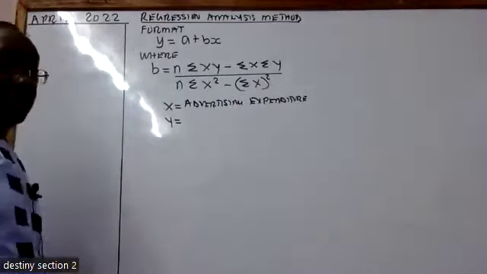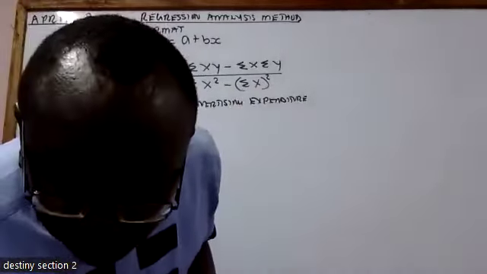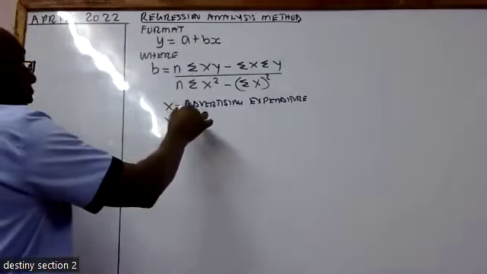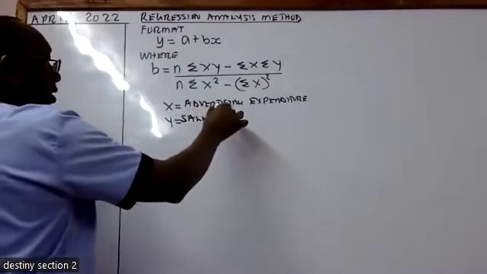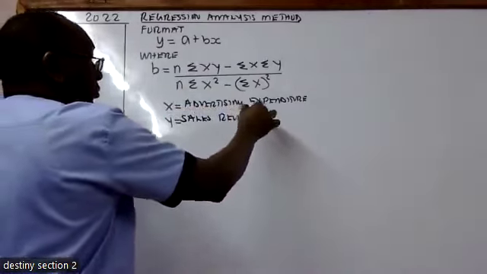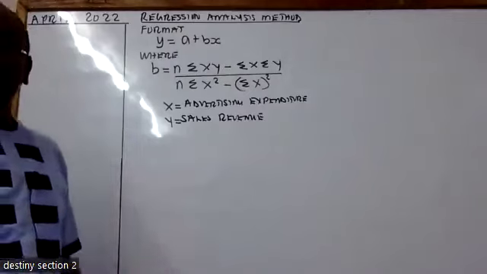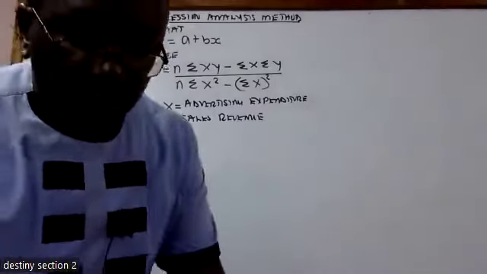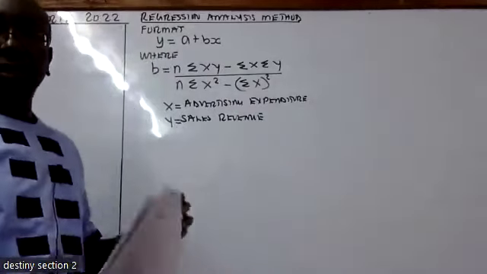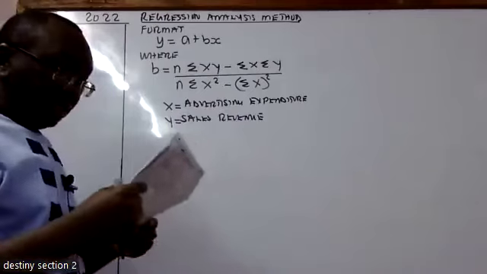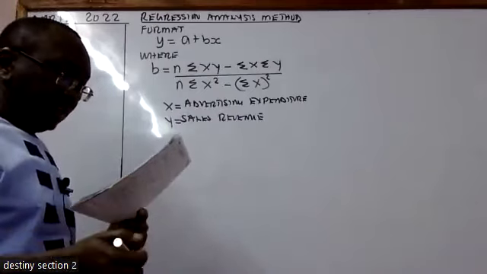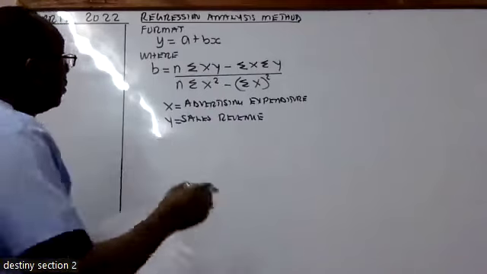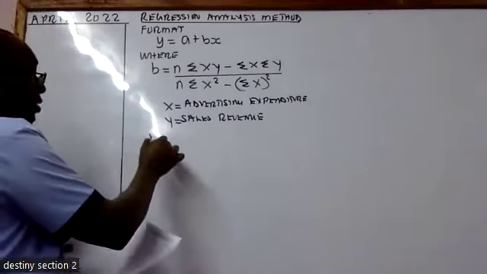And y is the sales revenue. So we are supposed to draw a table so that we compute these values. But this examiner seems to have given us the values, so we are going to just substitute.